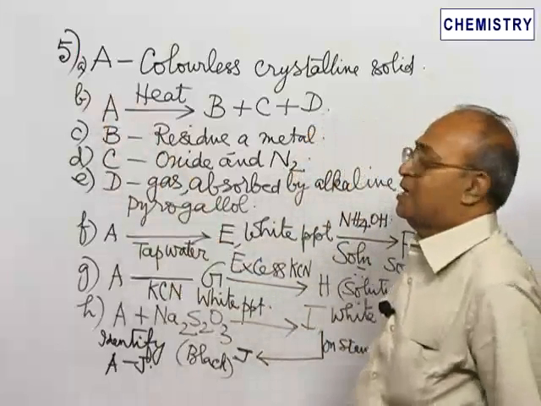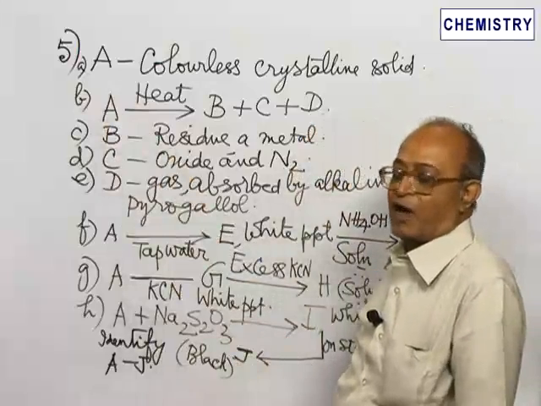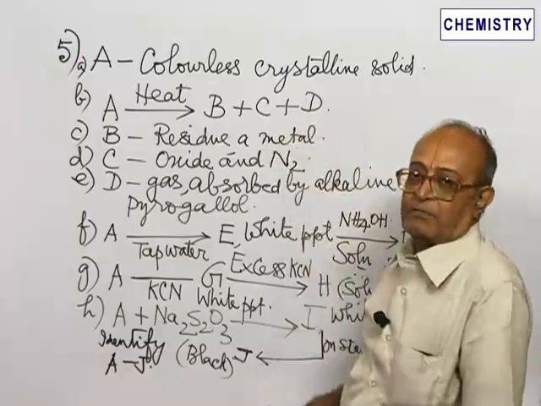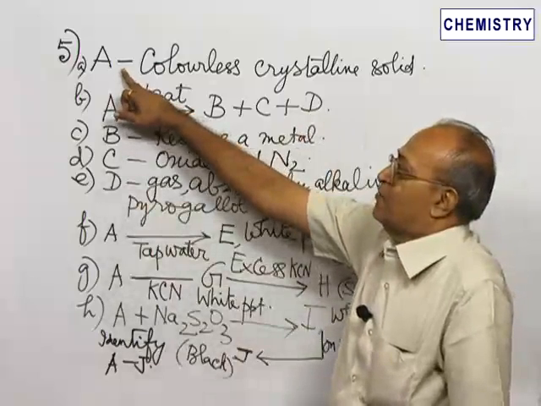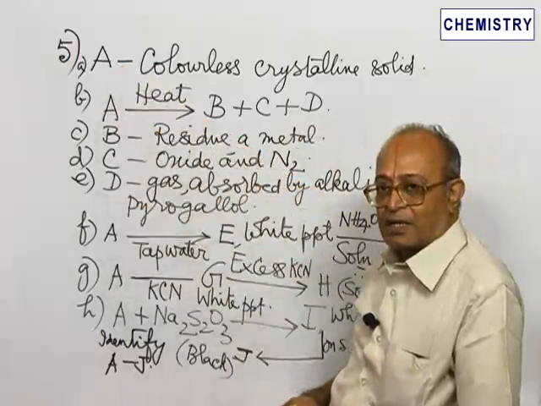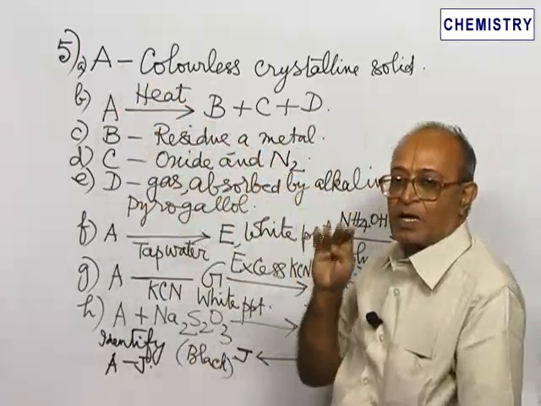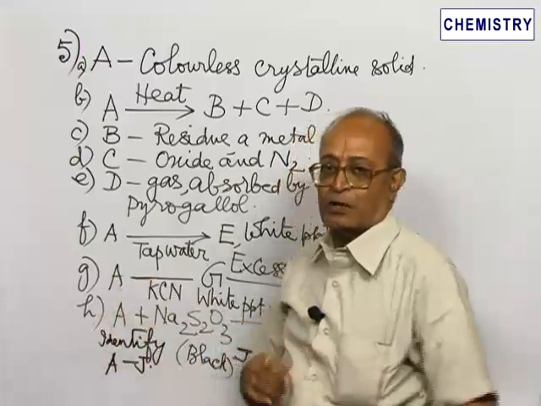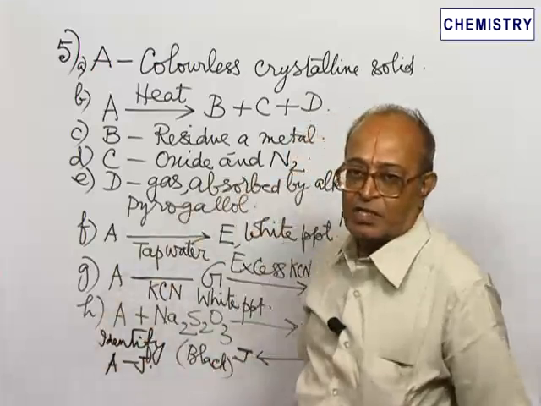On heating, three products are formed: B, C and D. So, from the color we come to the conclusion that the salt does not contain copper, nickel, iron, manganese and so on. Action of heat.